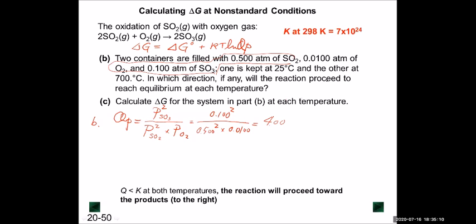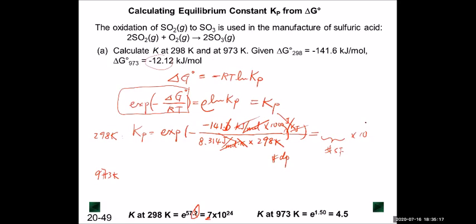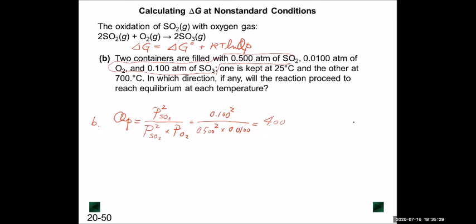Backtracking to the last page, we find K for both temperatures. One is very large, and the other one is 4.5. For B, I calculated the quotient. This quotient is less than the equilibrium constant Kp at either temperature, 298 or 973 Kelvin, the 25 degrees or 700 degrees.